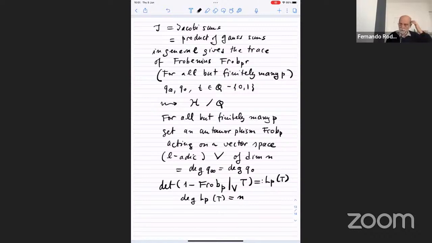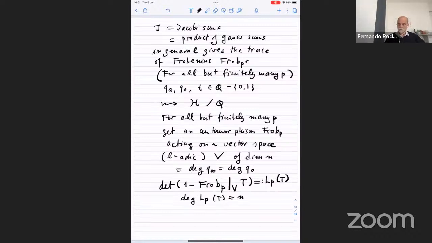And the way one can compute it is, as you probably know, you can compute the characteristic polynomial of a linear map if you know the successive traces of its powers. If you have n traces, the first n powers of your automorphism, you can, by the Newton formulas, compute the characteristic polynomial. So that's how one can get this polynomial from this formula.